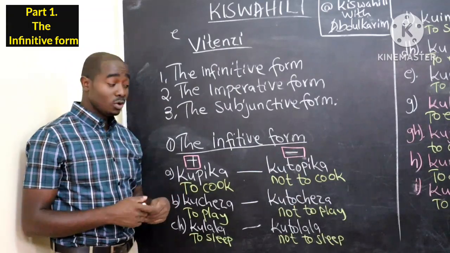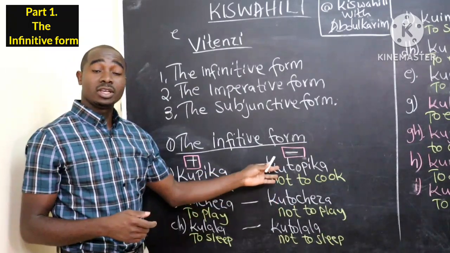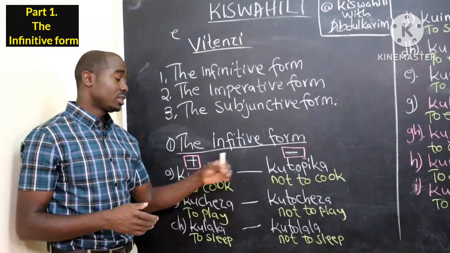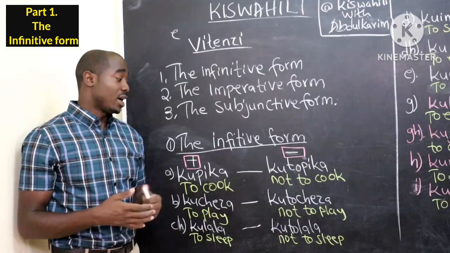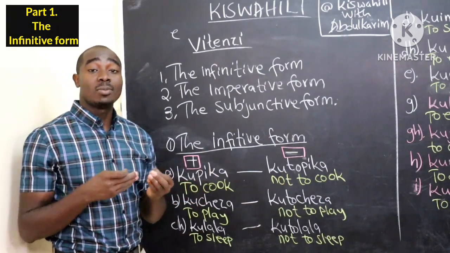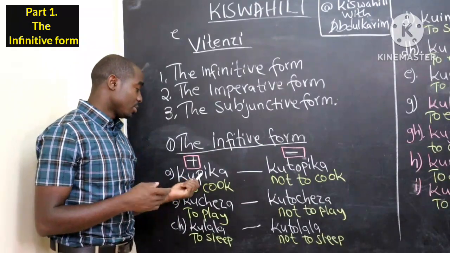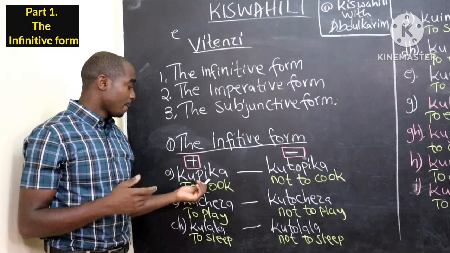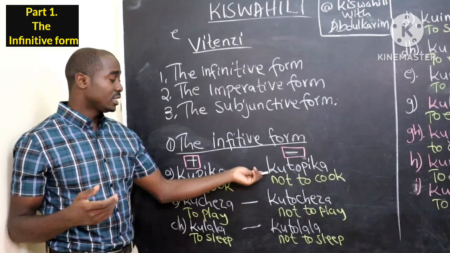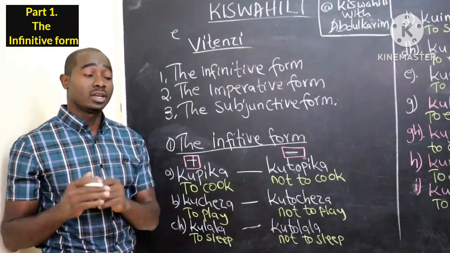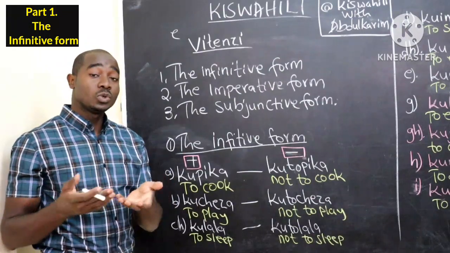Though this form of negative is rarely used. But if it's a verb noun, it can either be a verb or a verb noun. If it's a verb noun, negating will be like this: kutopika, not cooking, or not to cook.